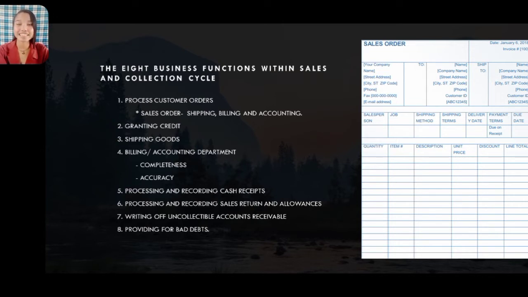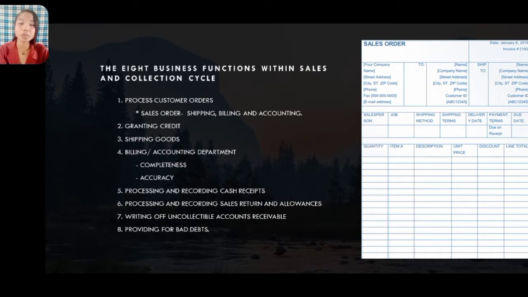Next is the sixth step, the processing and recording of sales returns and allowances. This is done when the customer returns the product to the company and the company prepares the receiving report, and as we know, sales returns and allowances reduce the sales.